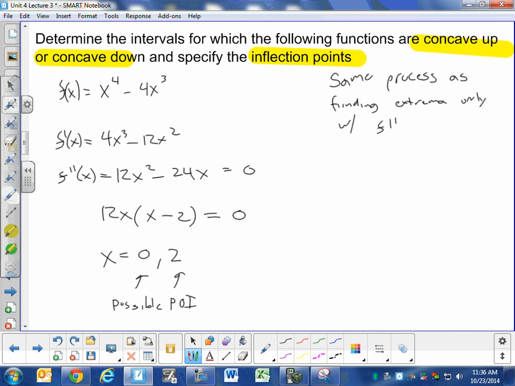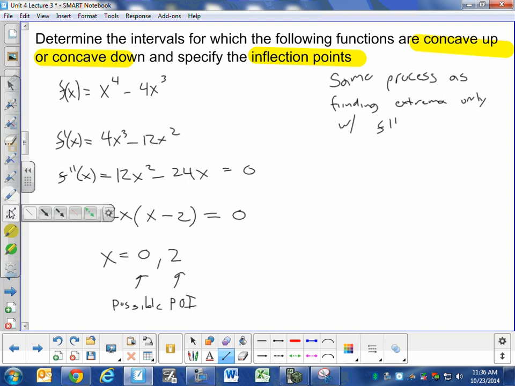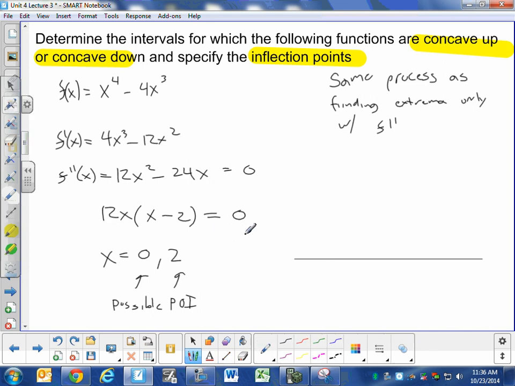POIs, points of inflection. To determine if they are and to determine the intervals in concavity, I'll get my old handy-dandy number line out. And I'll analyze the signs of f double prime. So do that.